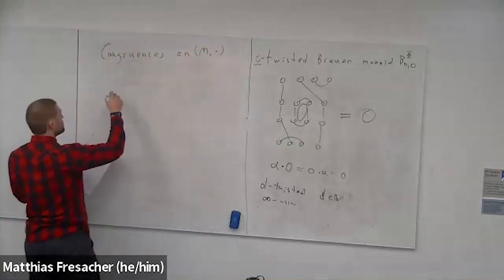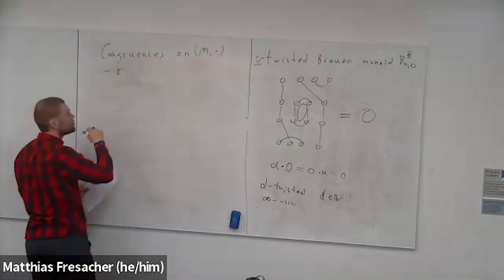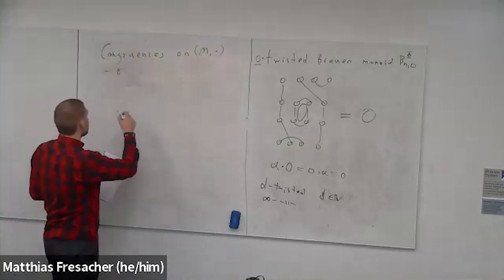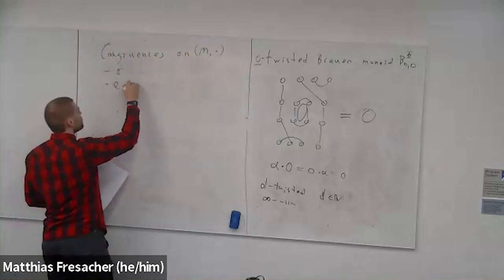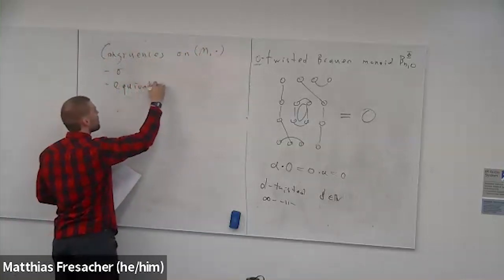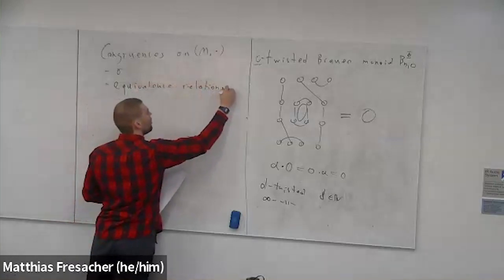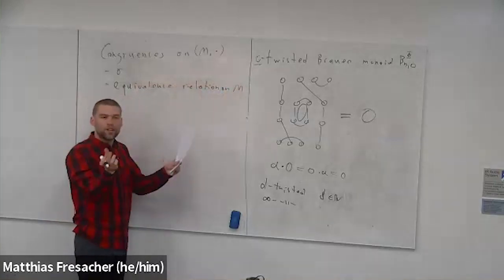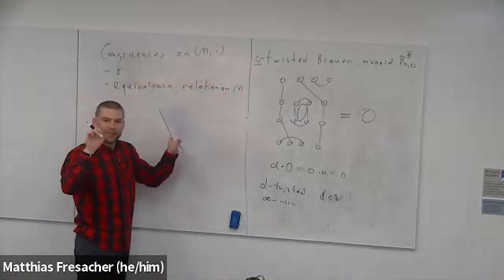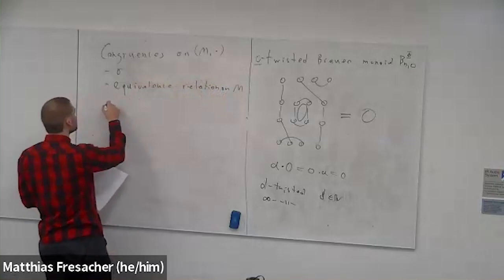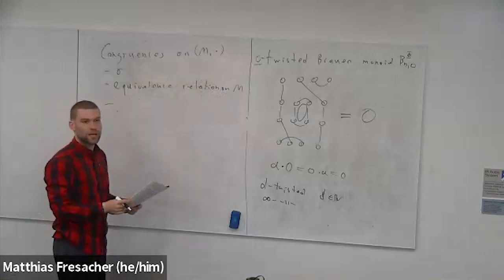A congruence, usually denoted by sigma, I'm going to use sigma, is an equivalence relation on M. So in some sense, we're identifying diagrams that are similar or the same, but it has to be compatible with our multiplication.